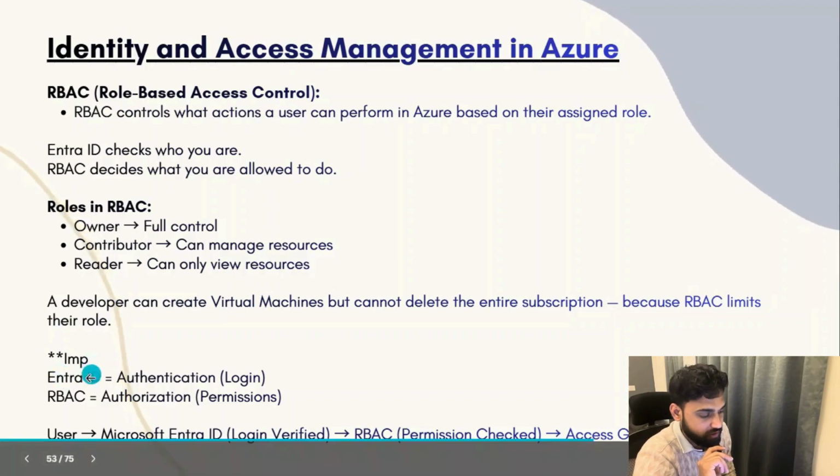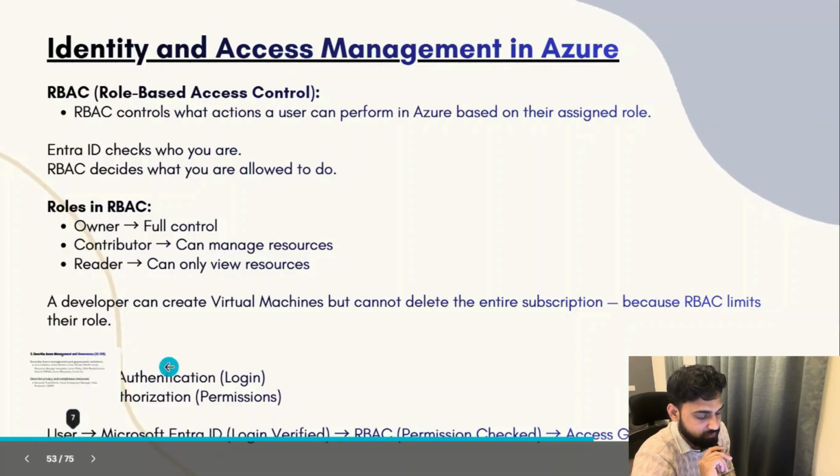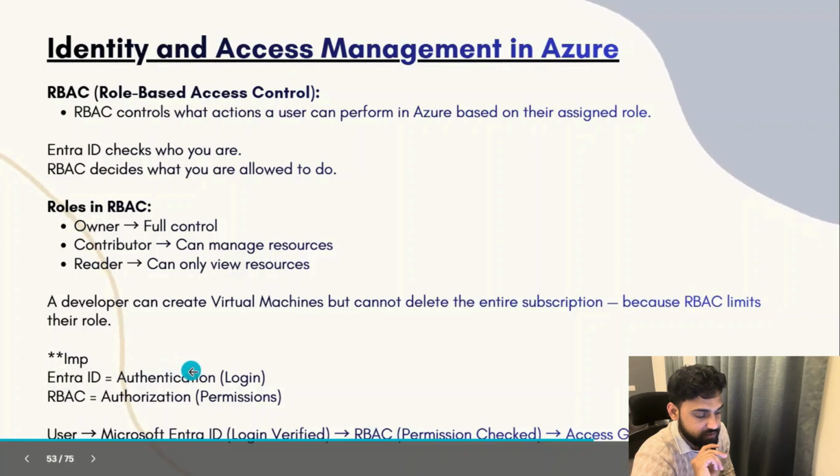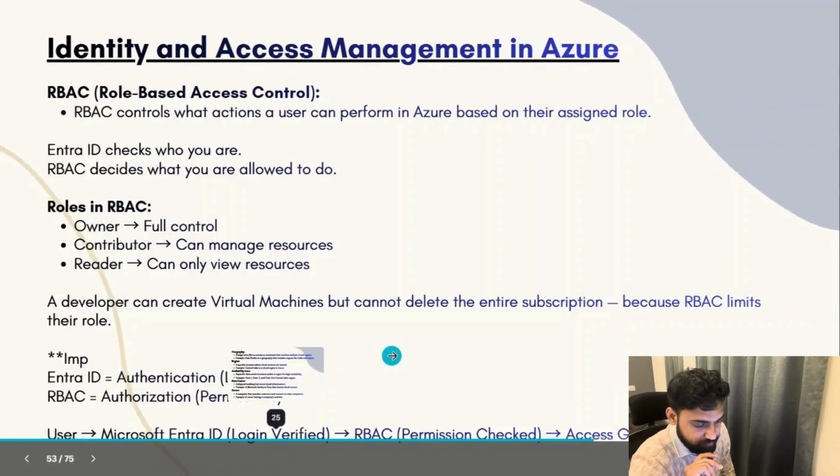Again, this is important. Entra ID means authentication, that means login, and role based access control means authorization, that means permission. So the user enters, and then Microsoft Entra ID verifies the login.